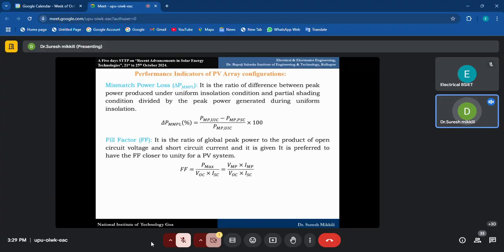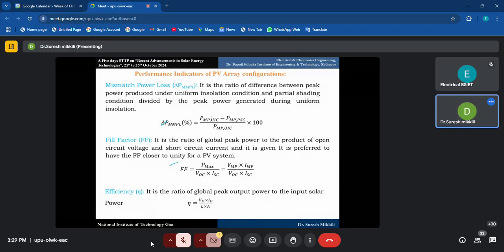After that, we saw the performance index parameters: the mismatch loss, the fill factor, and the efficiency, and how to calculate them. Mismatch loss is the maximum power at uniform condition minus the maximum power tracked at shading condition, with respect to the uniform condition power, into 100, which gives the mismatch power loss.